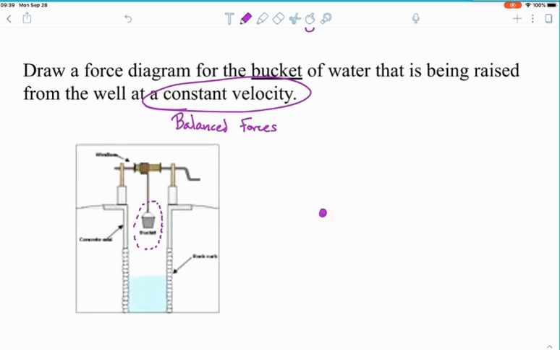And so I will have my tension on the bucket by rope going up. We'll go with rope. And then we also have a gravitational force, and these two will be the same length because it's going at a constant velocity.